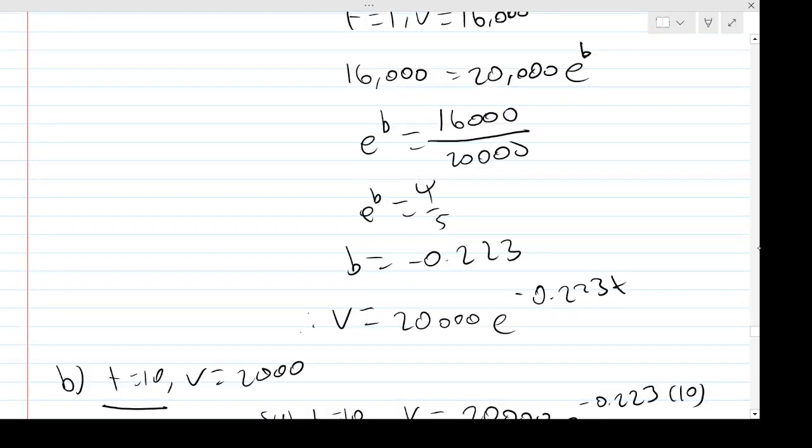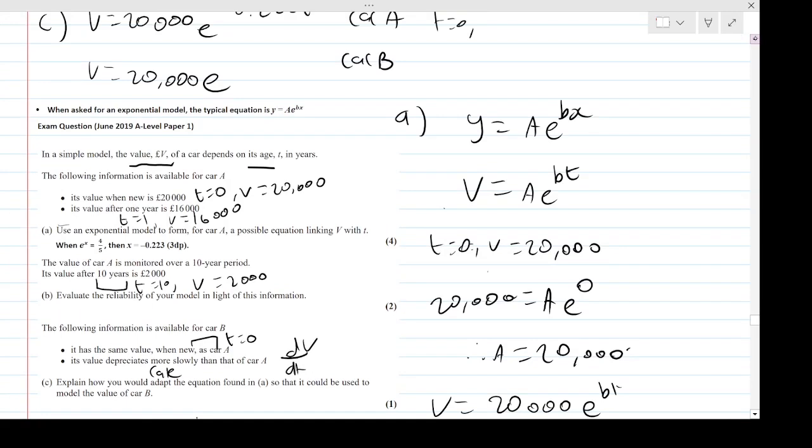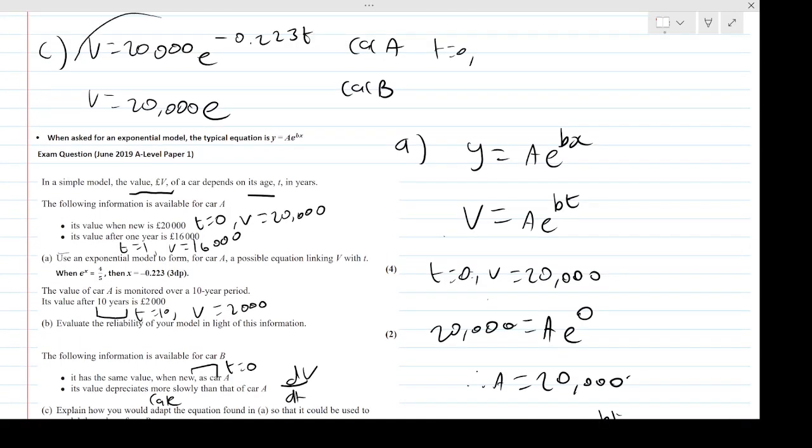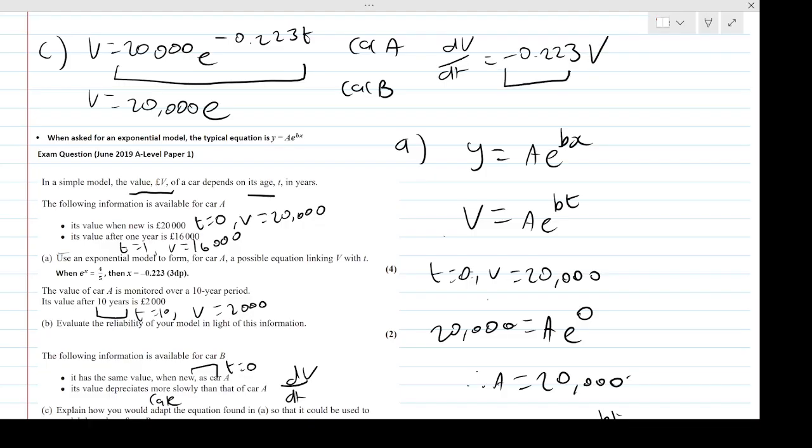If we were to differentiate this expression, that's going to be minus 0.223 times V. That's telling me that for car A, the value is decreasing at a rate of 0.223. That's what that means.